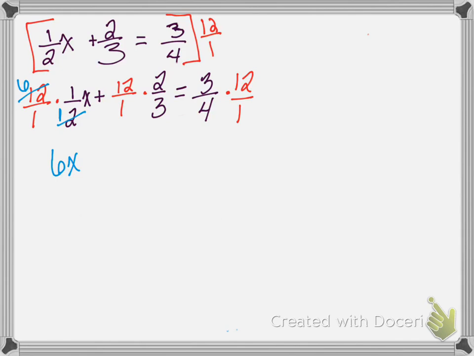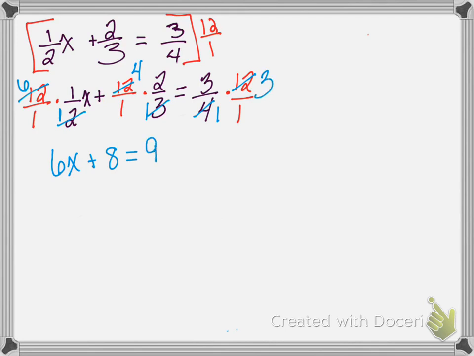Now, listen to what I'm saying. What number goes into 12 and 3? 3 does. 3 goes into 3 one time. 3 goes into 12 4 times. So now I've got 4 times 2. Okay? 4 goes into 4 and 12. 4 goes into 4 one time. 4 goes into 12 3 times.